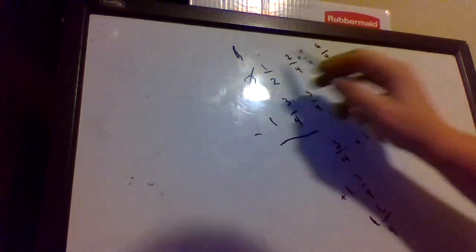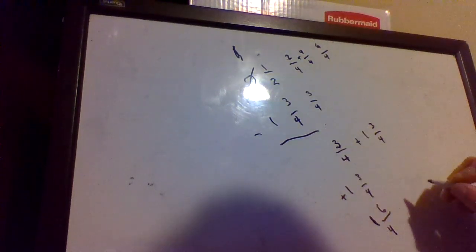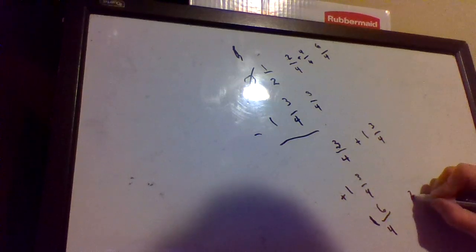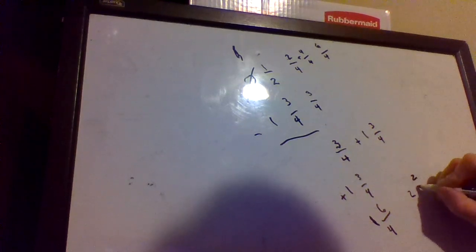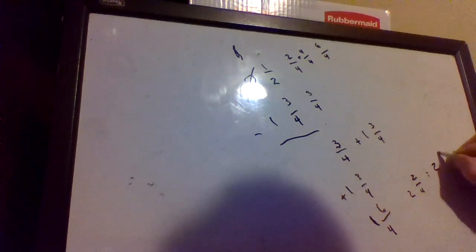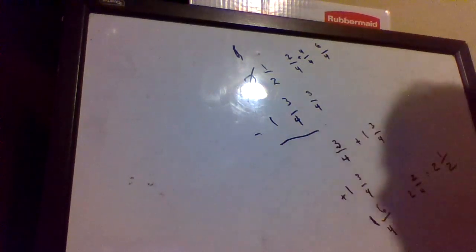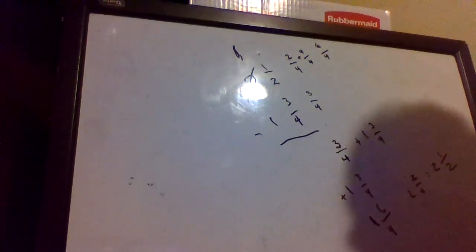And as you can see, that's what we got here. However, we can convert it to 2 and 2/4, which is the same thing as 2 and 1/2, which is what we started out with. 2 and 1/2. So that's how you check your work when you're subtracting fractions.